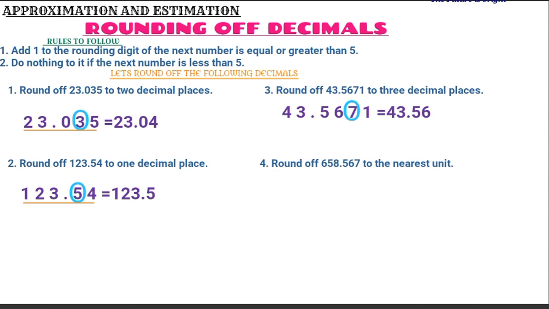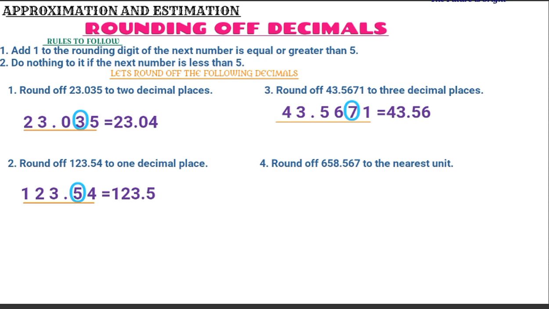Once I've done that, the next thing is to concentrate on the numbers in the question, the ones I've underlined. We are rounding off 7. So what is the next number to 7? On the right side, we have 1. Now let's go to the rules.